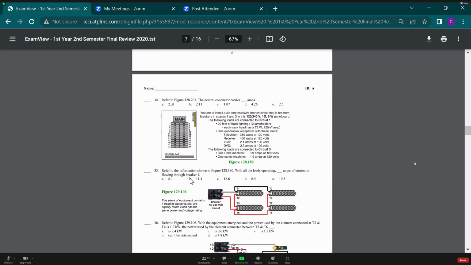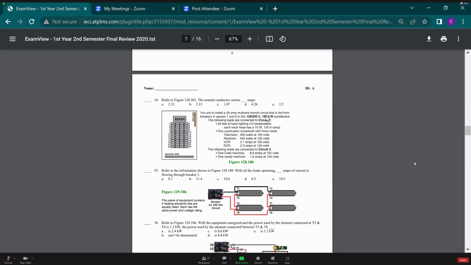Refer to the information shown in the figure above. With all loads operating, blank amps of current are flowing through breaker 1. So if we look at the scenario above, you are to install a 20 amp multi-wire branch circuit that is fed from breaker spaces 1 and 3.